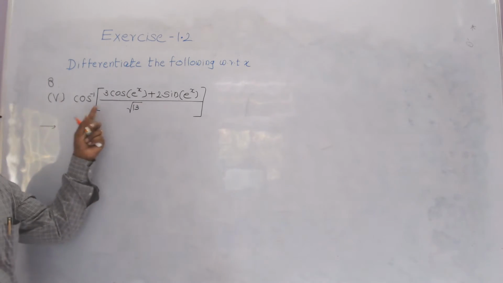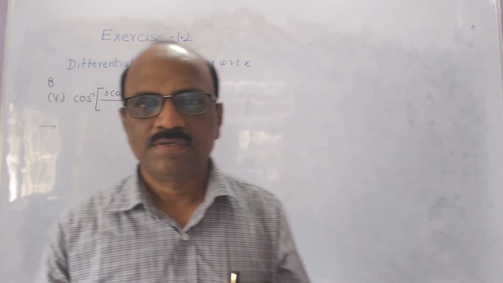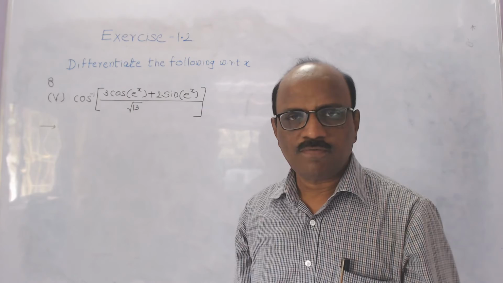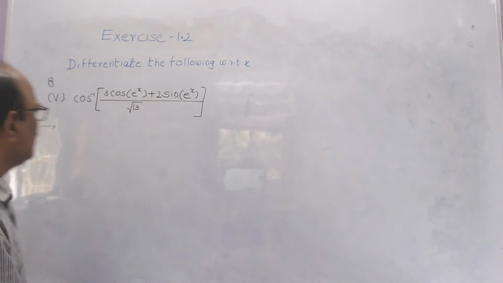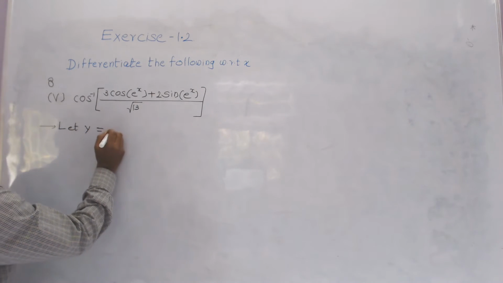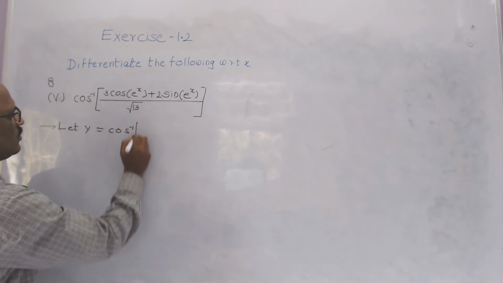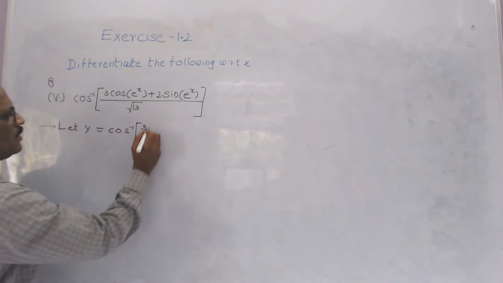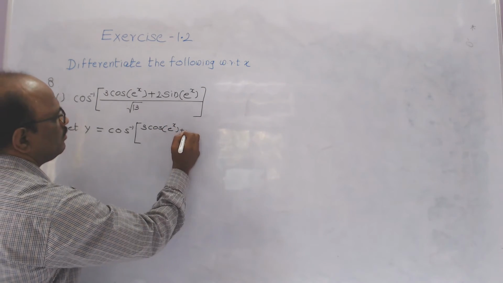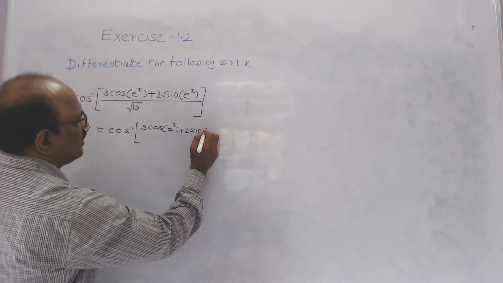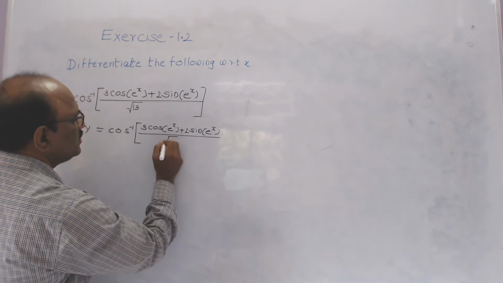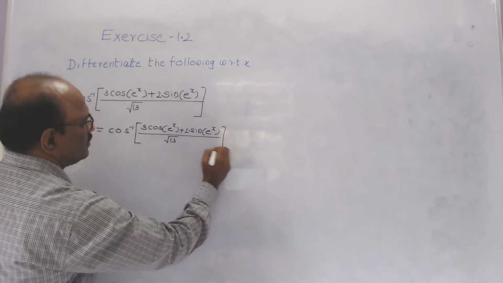Now the next problem is cos inverse of 3 cos of e raised to x plus 2 sine of e raised to x upon root of 13. Now see this here again. Let y is equals to cos inverse of 3 cos of e raised to x plus 2 sine of e raised to x, this whole divided by root 13.